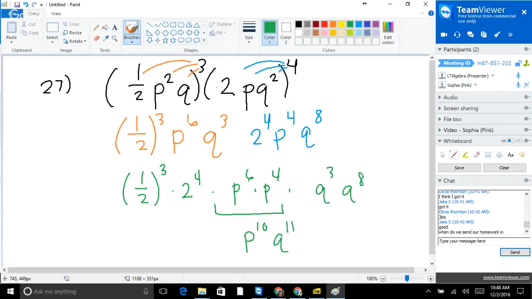Yep. And then this one is actually a little bit tricky, so I would use a calculator for that. But what you're going to find out is this is just going to turn out to be 2.